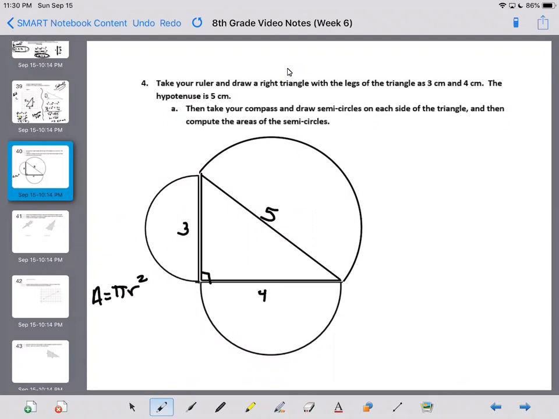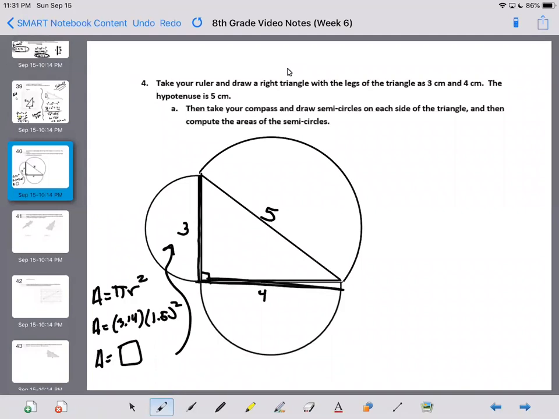So if we did use the formula of pi r squared, then we would have to think of, well, if this diameter is 3, then we would say approximately, we can use pi times 1.5 squared. And then we would look at that area. And then here, with the length of 4 as the diameter, we would do the same thing, and we would use pi approximately, and we would use 2, and we'd have to square 2 to find the area of this semicircle.